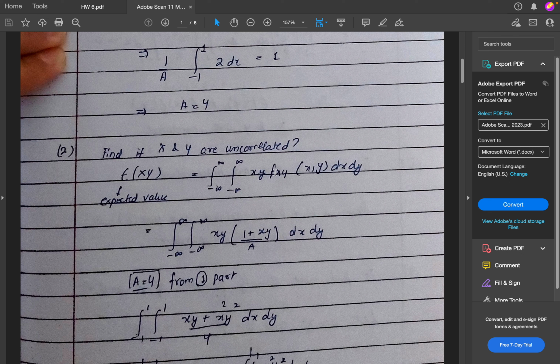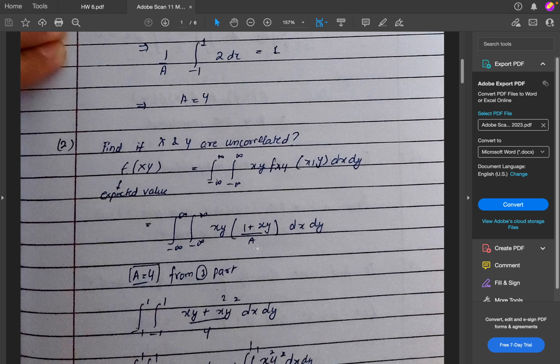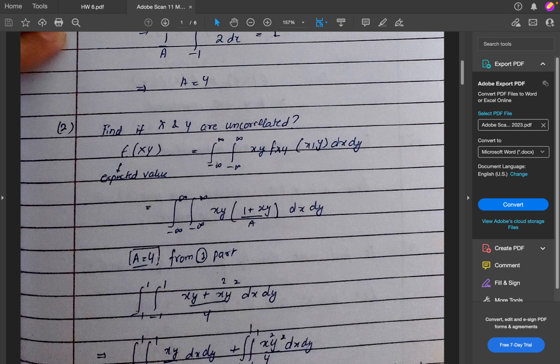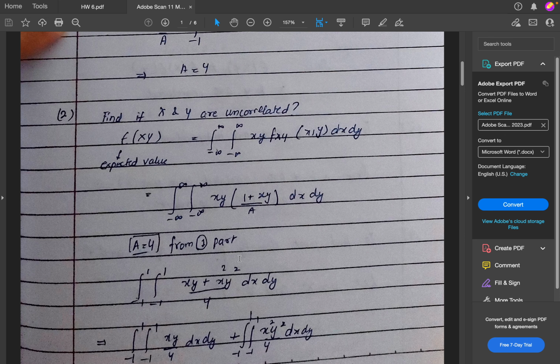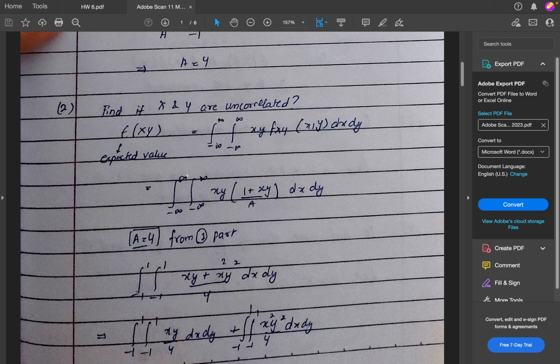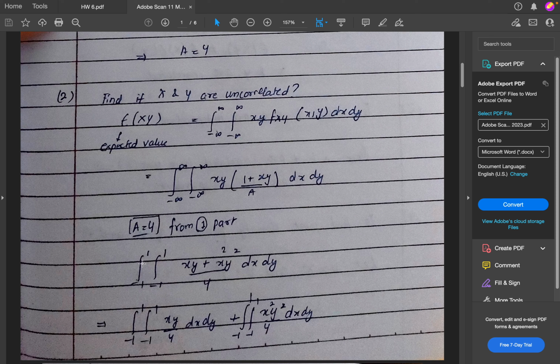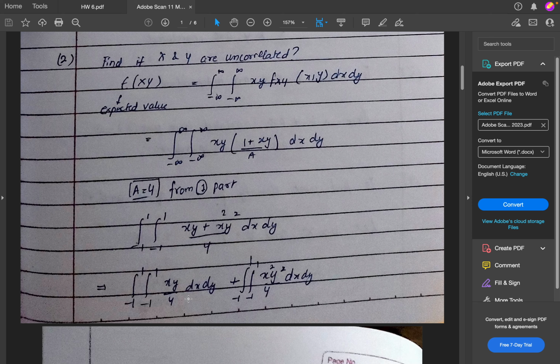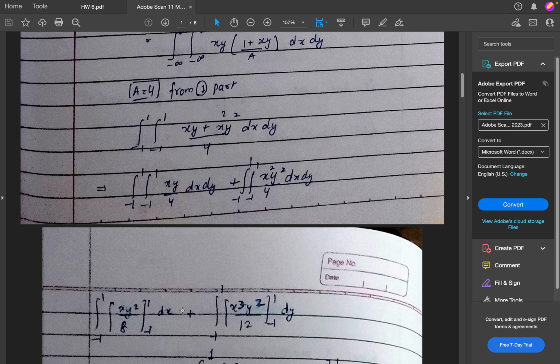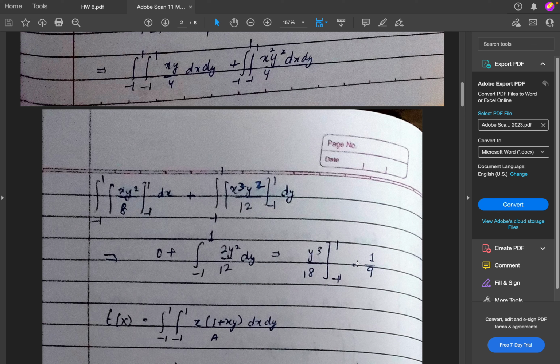Now we substitute the value of f(x,y), which is (1 plus xy) by a as given in the question, and we already know from the previous part that a equals 4, so we'll substitute that. This is valid only when x and y lie between -1 to 1, so we'll set the range as follows. On integrating this, we finally get the value as 1 by 9.